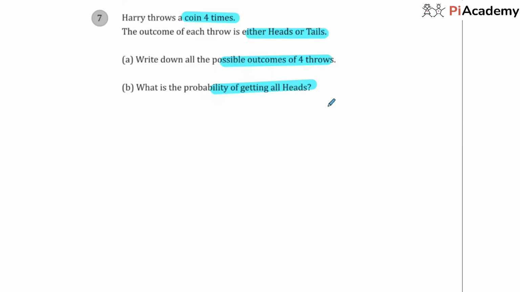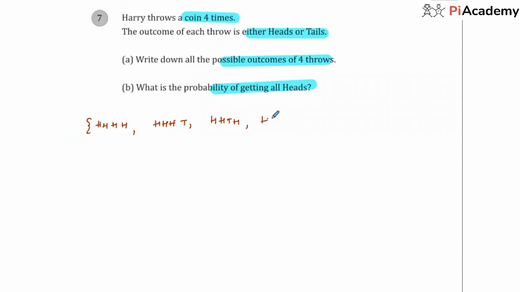So 7A would be heads or tails. The possible outcomes of 4 throws: look here, there are 4 throws. So the possible outcomes can be like this: head, head, head, head, in all 4 throws you get heads. And then you have 3 heads and 1 tail: head, head, tail, head.